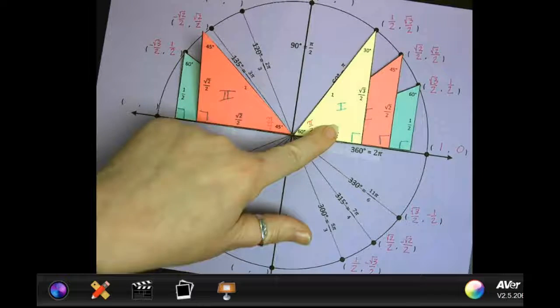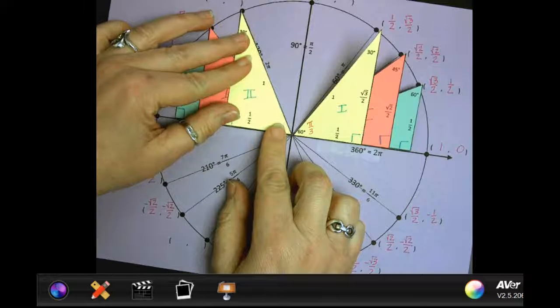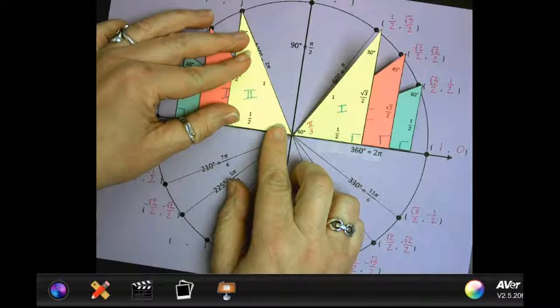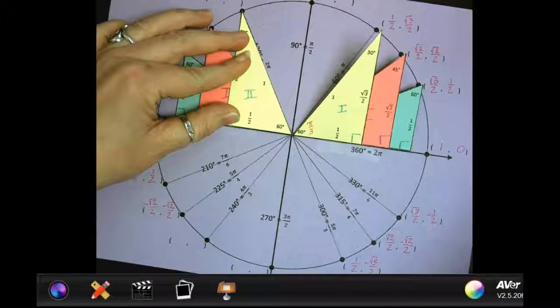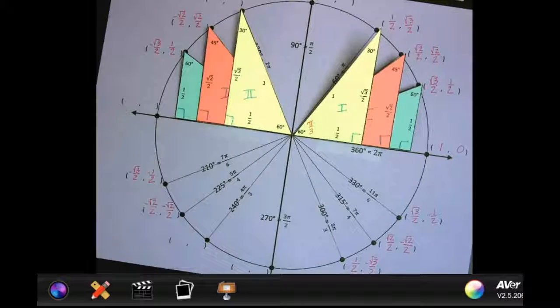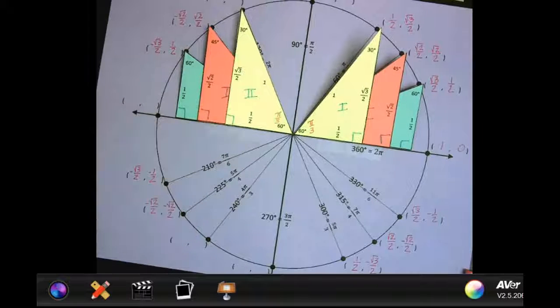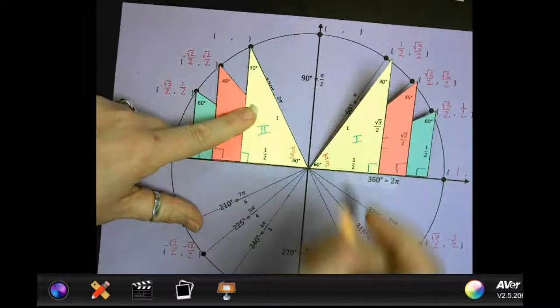So once you've got that one taken care of, go ahead and put your last triangle on there. This is pi thirds. So I'm in the second quadrant.